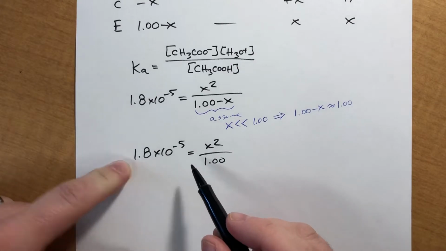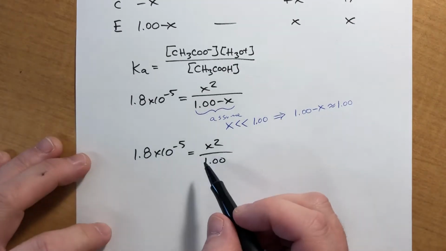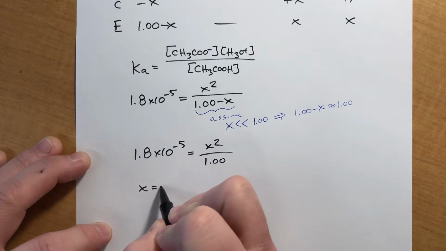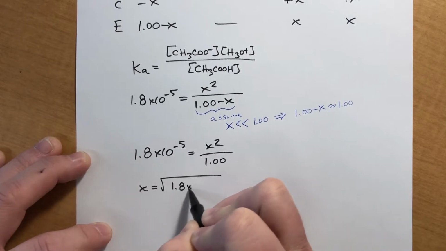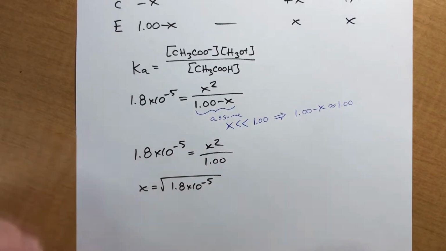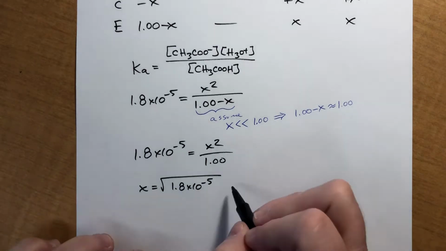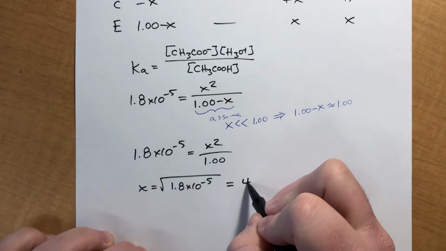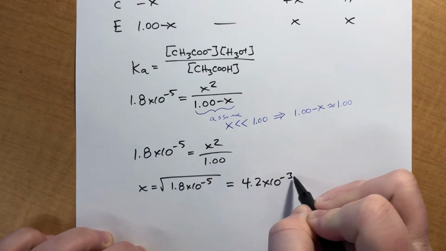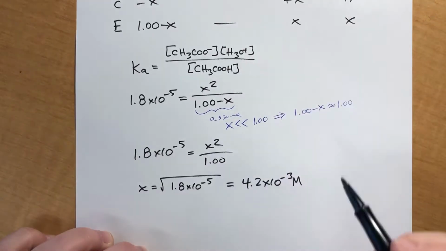You just multiply 1 to the other side, which doesn't even change anything. So x is equal to the square root of 1.8 times 10 to the negative fifth. And that value is 4.2 times 10 to the negative third, and these are all in terms of molarity.